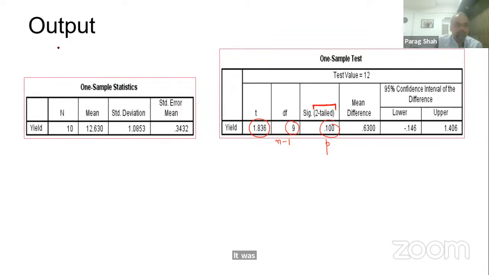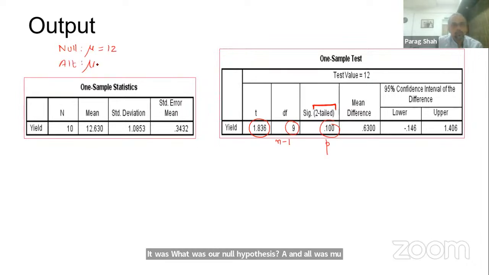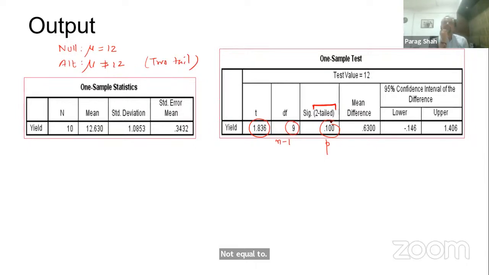What was our null hypothesis? Our null was mu equal to 12. Alternative was mu not equal to 12. Not equal to means two-tailed. So this is the value for two-tailed. This is confidence interval and so on, not required right now.